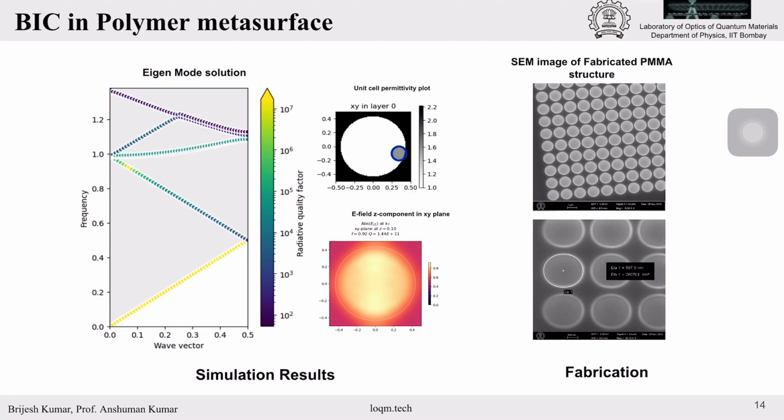So we are searching in this one. After optimizing the parameters, we also optimized the fabrication, and we are getting good images, these same images, at the parameters of this one. My further aim is to check experimentally whether this mode is coming or not.